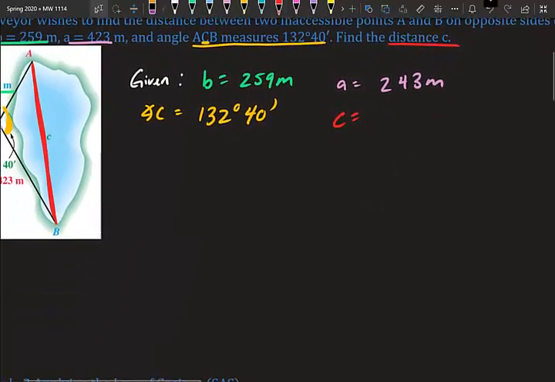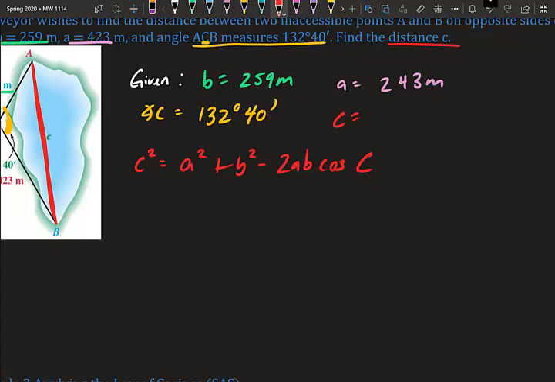So we're going to be using the formula C squared equals A squared plus B squared minus 2AB cosine C. Your side that it equals and your cosine should be the same variable, and then the other letters that we don't have, that's what's going to go in the middle.